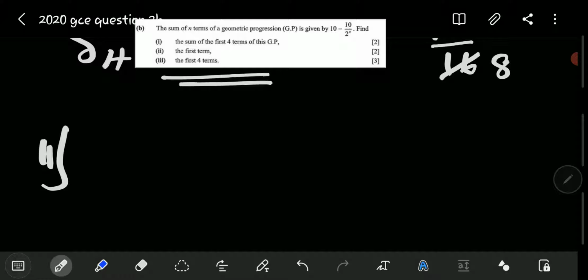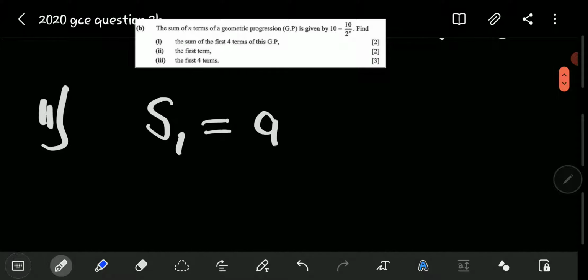It can also be used to find the first term, because the sum of the first term is the first term itself.